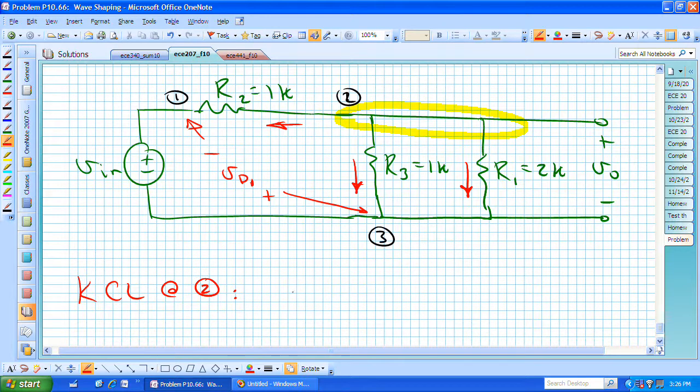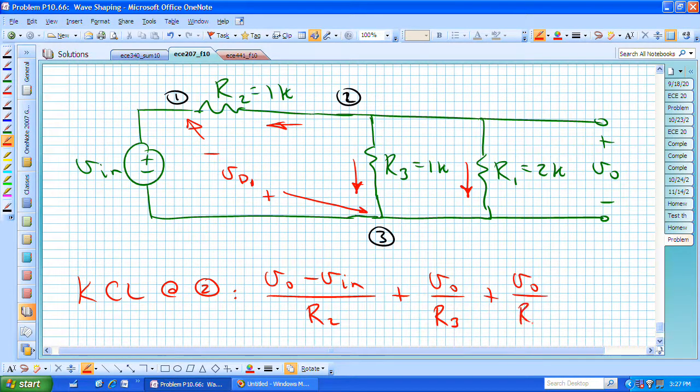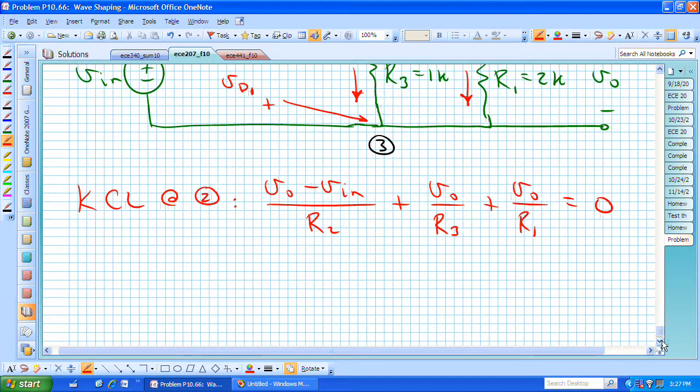This node 2 voltage is actually at V0 in potential, so we have (V0 minus Vn) over R2 plus V0 over R3 plus V0 over R1 equaling 0. That's KCL at the output, or at node 2.